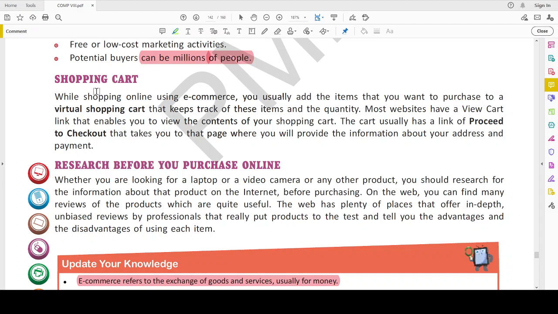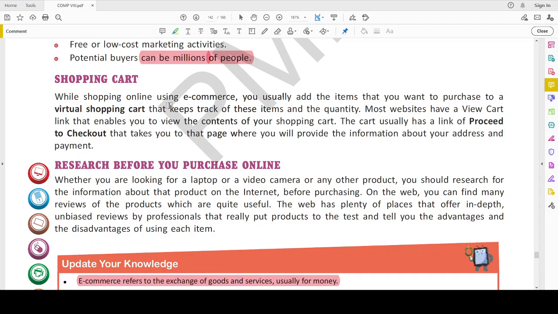Similarly, the shopping cart is the virtual bag that is carrying our purchased items. So whatever items we want to buy or we selected and we want to purchase are added to the shopping cart.